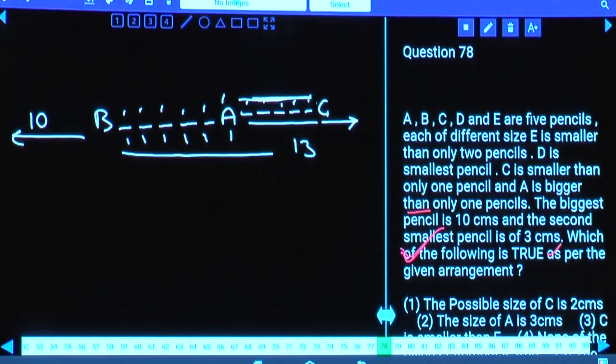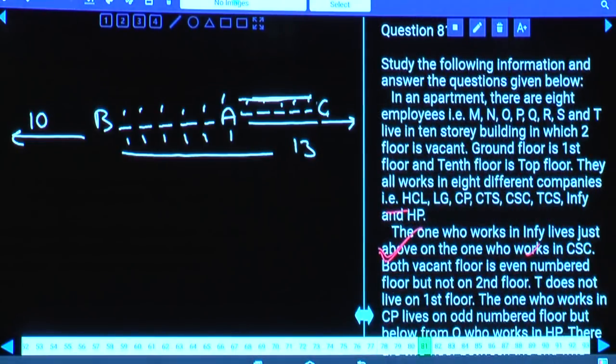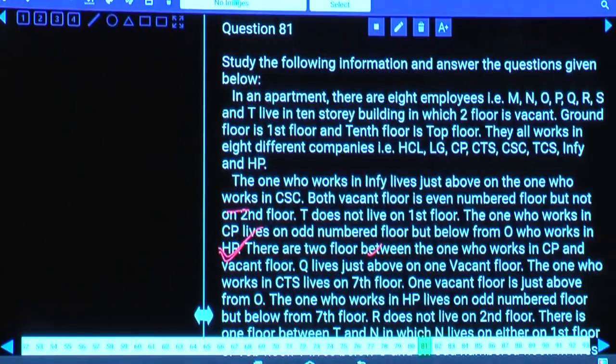What is given in this one, 81 to 85? In an apartment there are 8 employees, M, N, O, P, Q, R, S, T, who live in a 10-story building in which 2 floors are vacant. Out of these 10 floors, only 8 persons are staying, 2 floors are vacant.